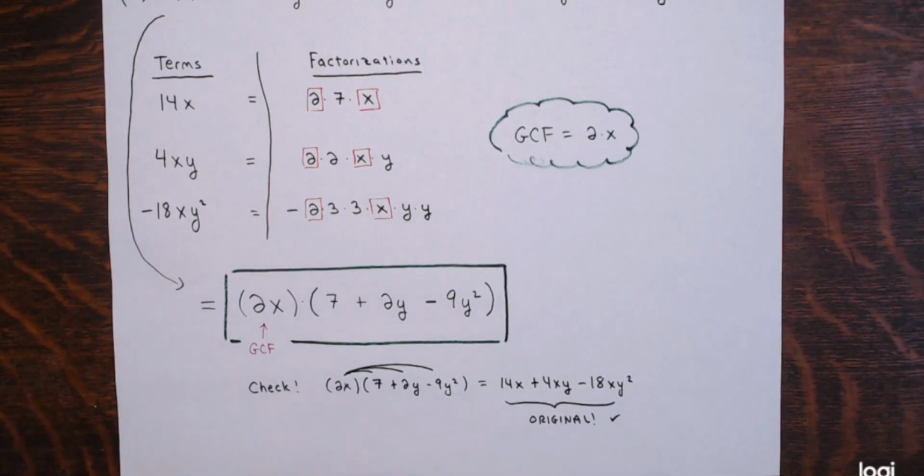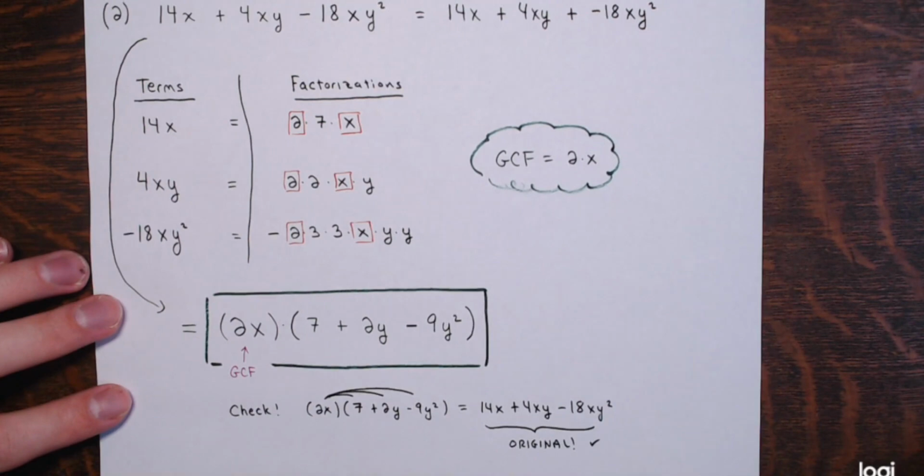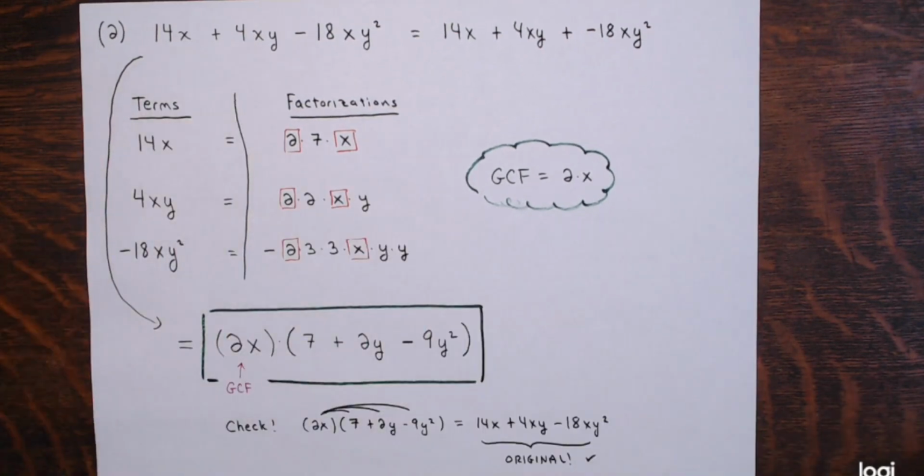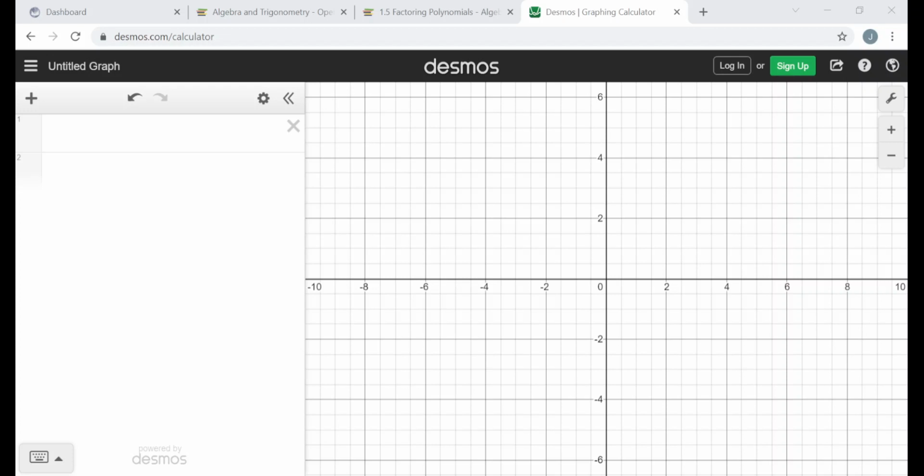And again, if we wanted to, I can go to the Desmos site here. We have 14x plus 4xy minus 18xy squared.